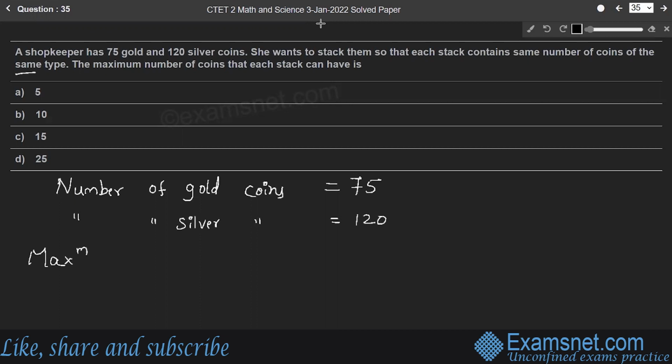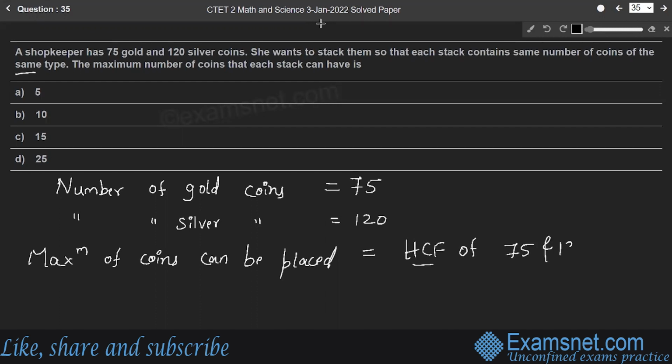The maximum number of coins that can be placed in each stack is equal to the HCF, the highest common factor, of 75 and 120.